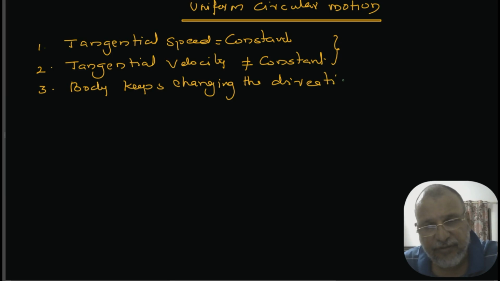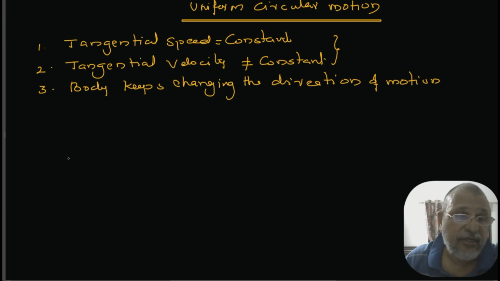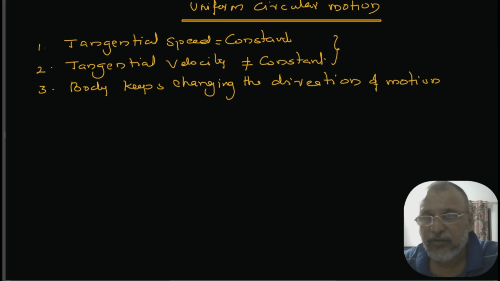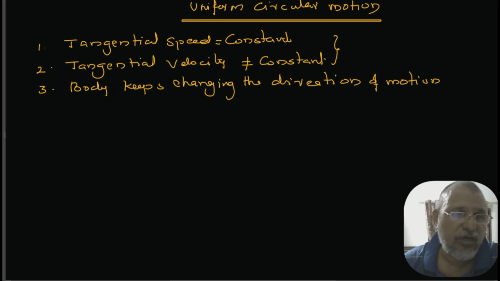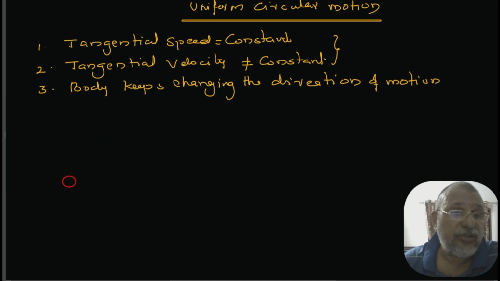So we'll have a bit of a recap on this. How does it happen? Let's take a simple case here. How do you make this happen while the velocity keeps changing but speed remains constant?